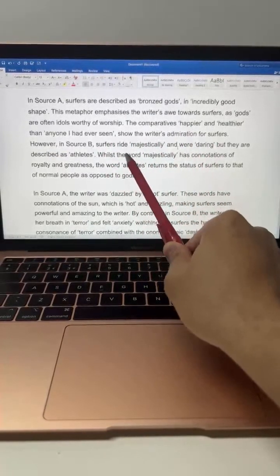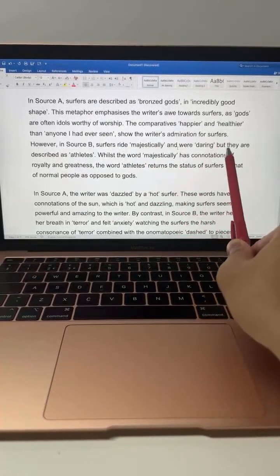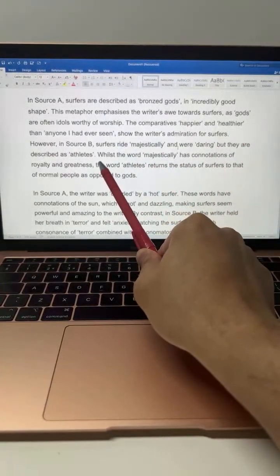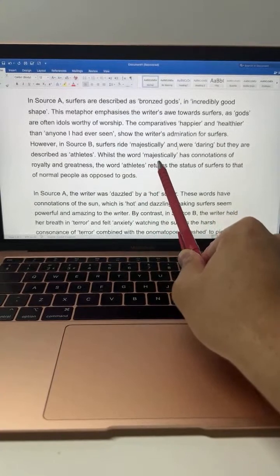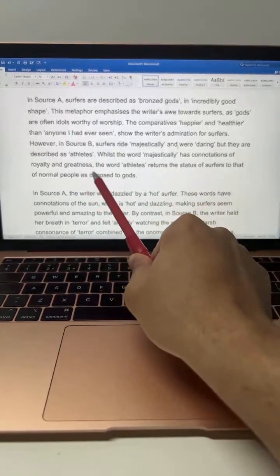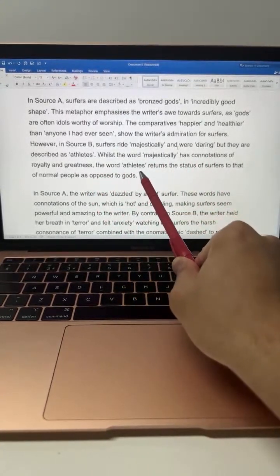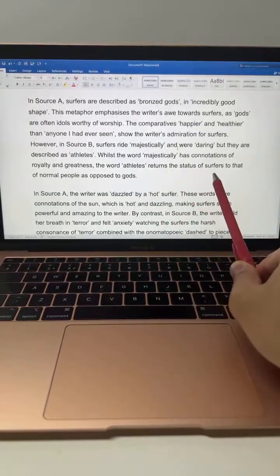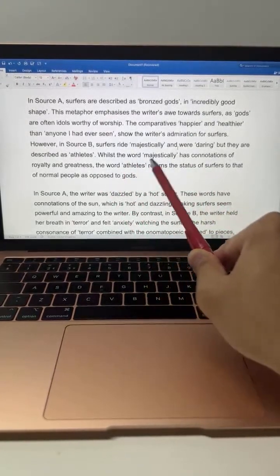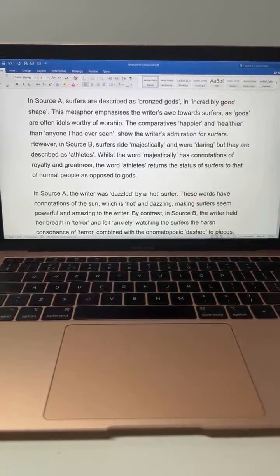However, in Source B, surfers ride majestically and are daring, but they are described as athletes. While the word majestically has connotations of royalty and greatness, the word athletes returns the status of surfers to that of normal people as opposed to gods. That in itself is a simple but effective comparison, and definitely worth a level 4 response.